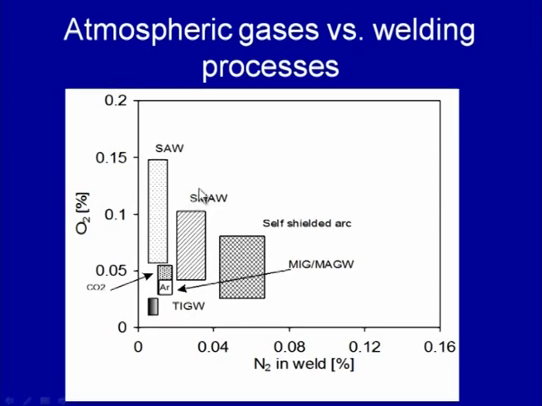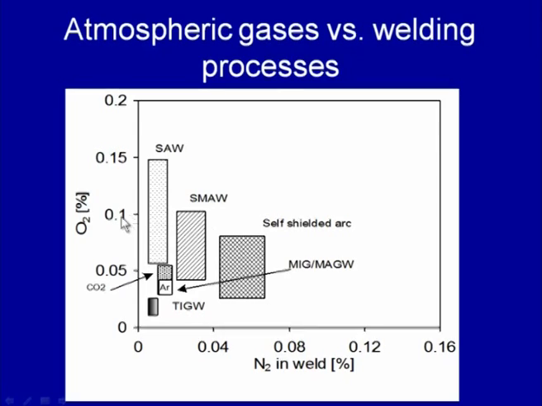If we see the weld joints made by the shielded metal arc welding process, they are lower in terms of oxygen content, but higher in terms of nitrogen content in the weld joint.